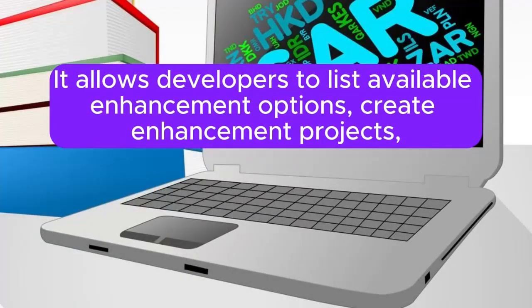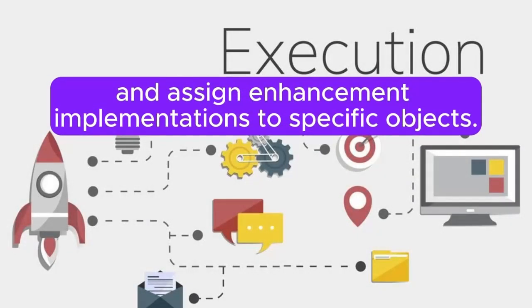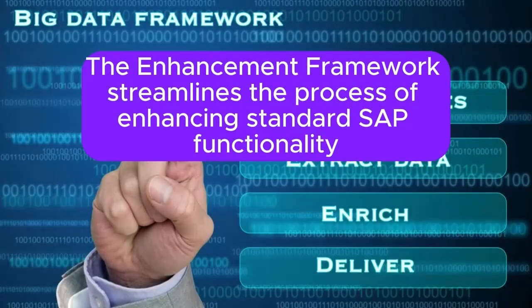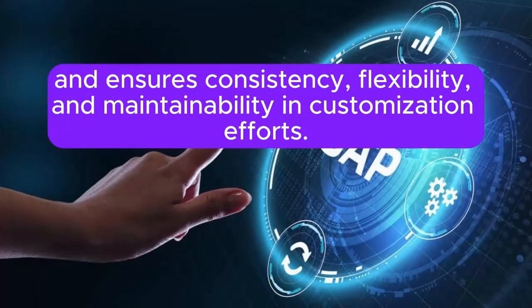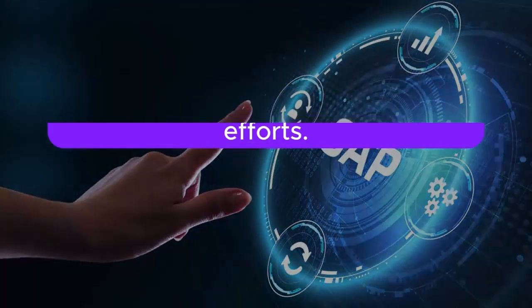It allows developers to list available enhancement options, create enhancement projects, and assign enhancement implementations to specific objects. The enhancement framework streamlines the process of enhancing standard SAP functionality and ensures consistency, flexibility, and maintainability in customization efforts.